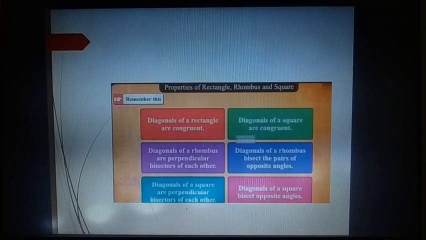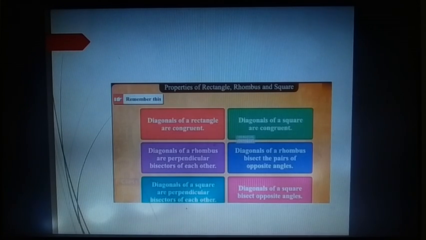Let us summarize the properties of rectangle, rhombus and square. Diagonals of a rectangle are congruent. Diagonals of a square are also congruent because a square is also a rectangle. Now, diagonals of a rhombus are perpendicular bisectors of each other.